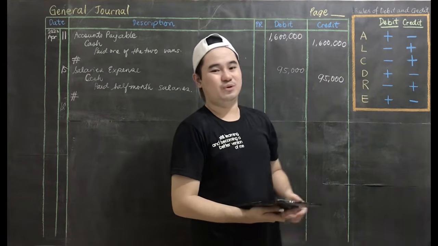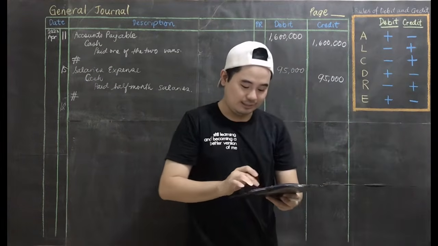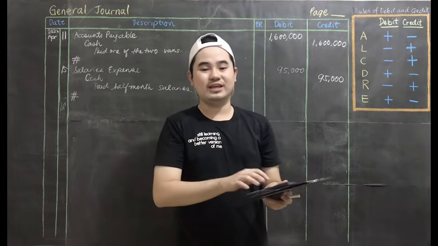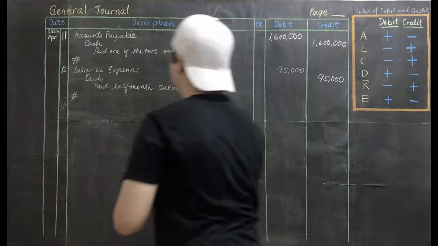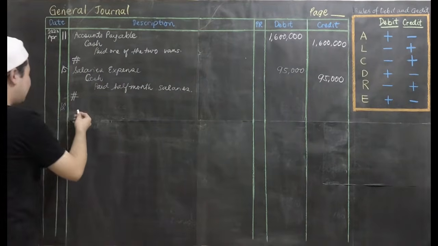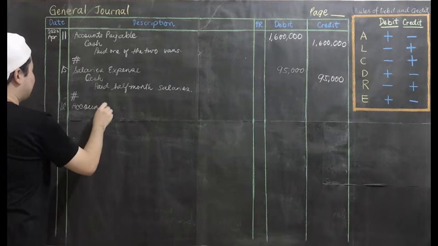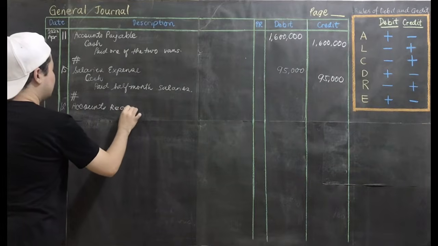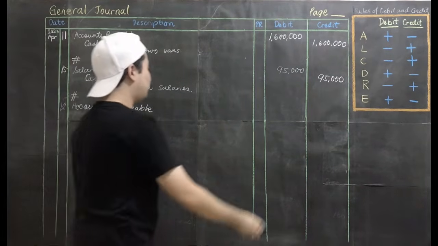Accounts receivable. Okay? So, magkano yun? Multiply ulit natin. 38,888 times 5 is 194,440. So, lalagay ko dito debit accounts receivable, 194,440.